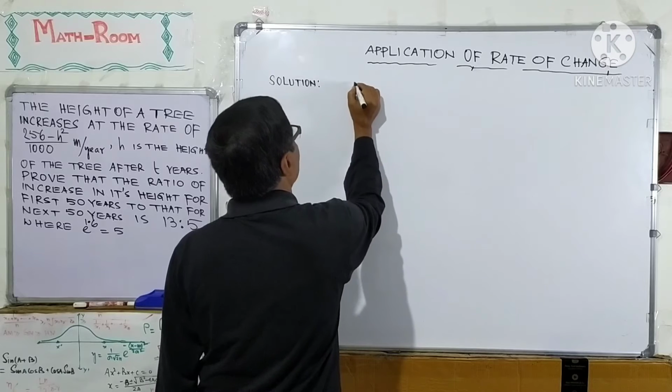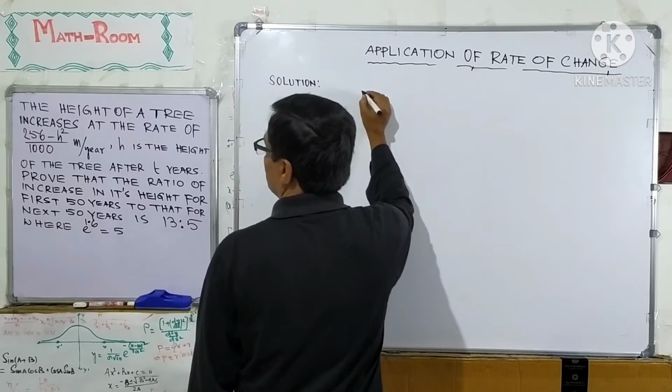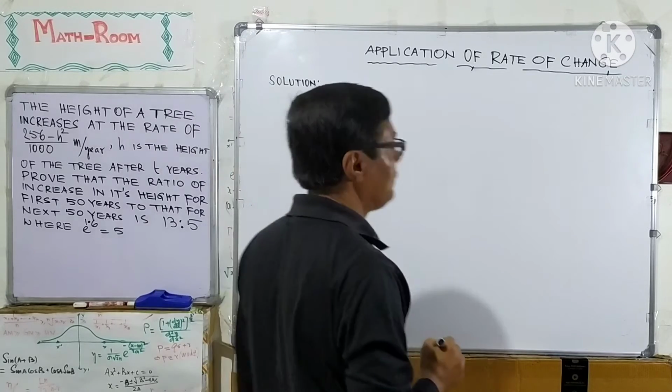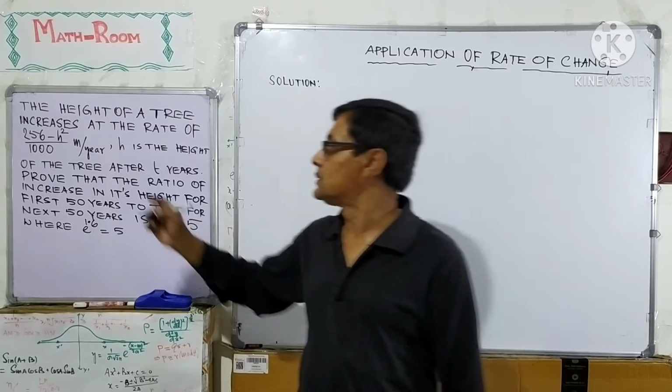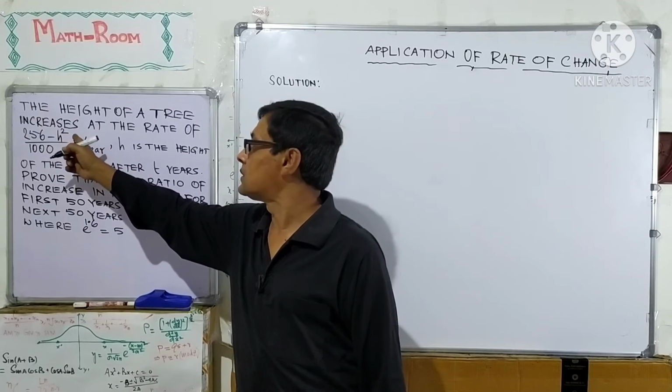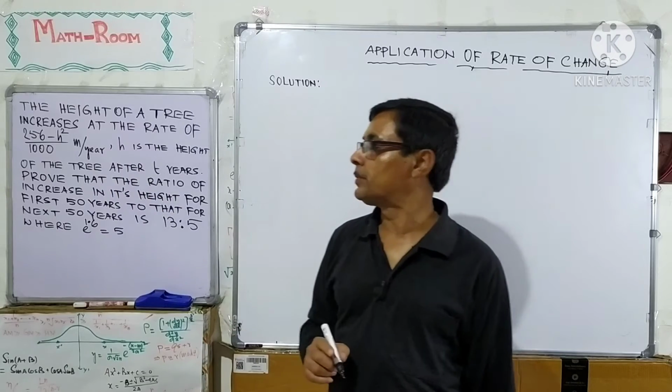We can write the rate of increase of the height of the tree as (256 minus h squared) over 1000 meter per year.